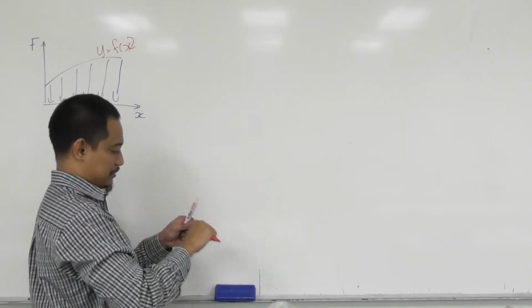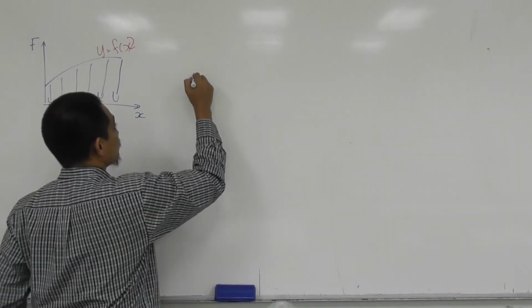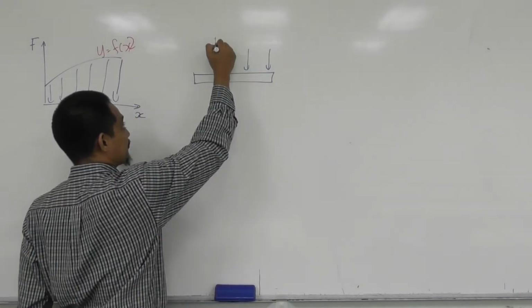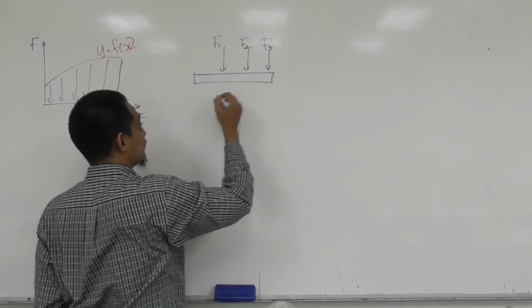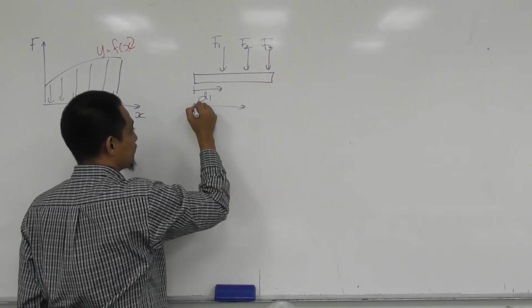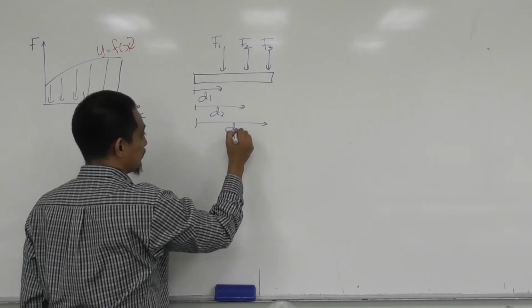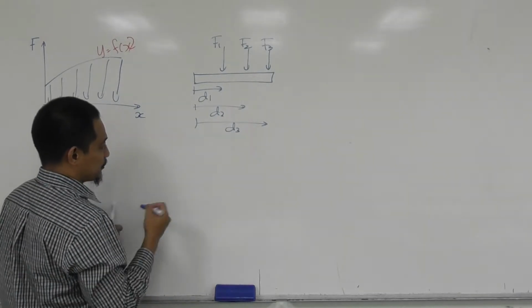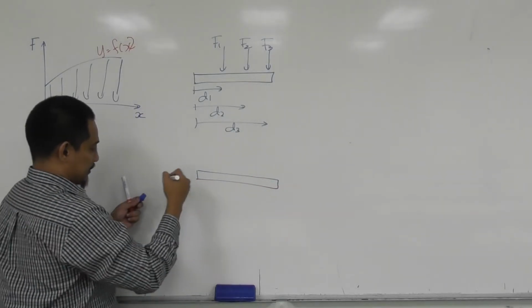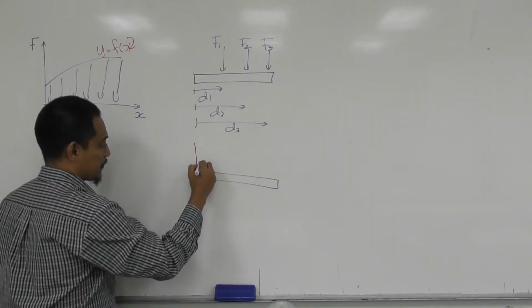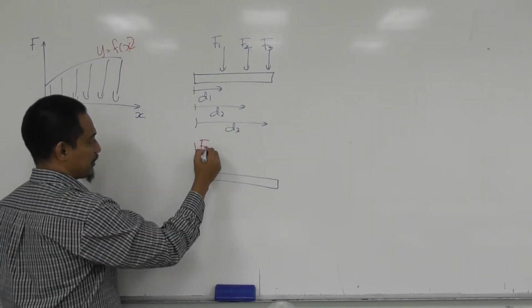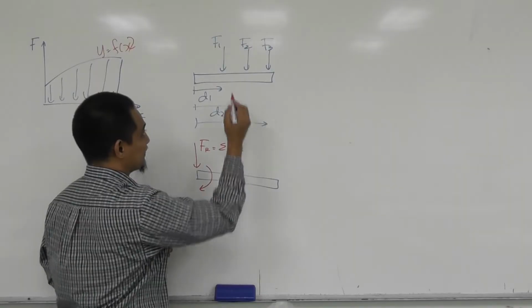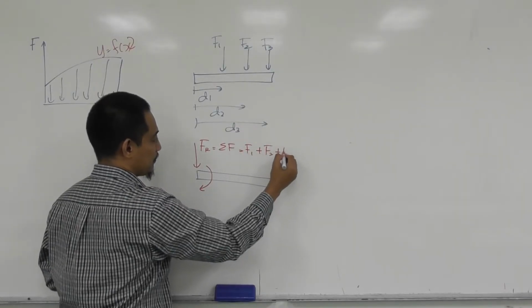So if we have some forces acting like this, let's say F1, F2, F3, with distances D1, D2, D3, and we want to reduce it to just a single force and a single moment, this force Fr is in essence the summation of all the forces: F1 plus F2 plus F3.